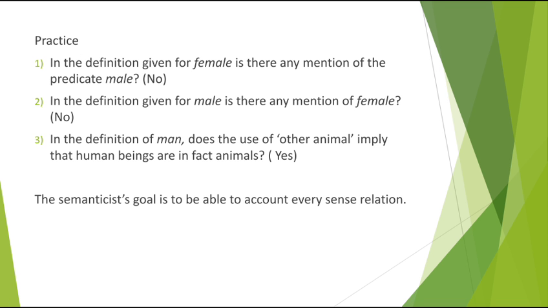The answer is no. Number two, in the definition given for male, is there any mention of female? The answer is no. Number three, in the definition of man, does the use of other animal imply that human beings are in fact animals? The answer is yes. Here, the semantics goal is to be able to account for every sense relation.